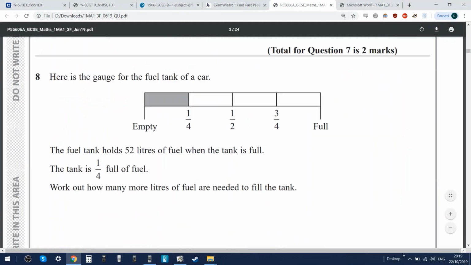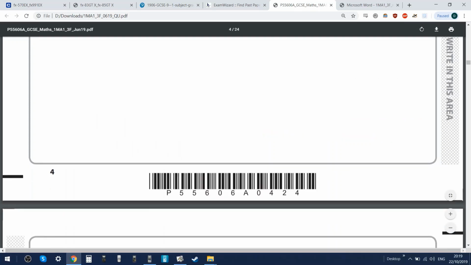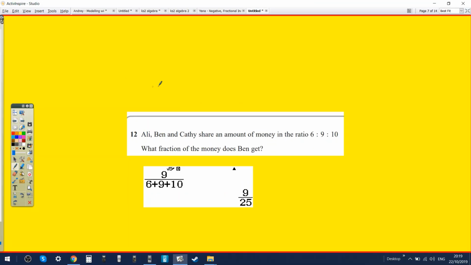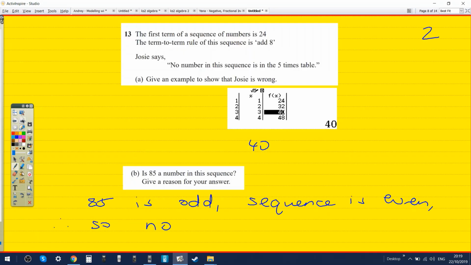This one, question 12, was 2 marks again. Why are they giving away so many marks? And then we have all the marks from there on.